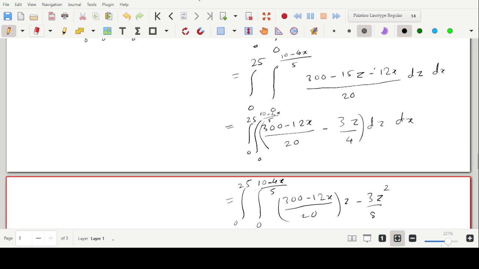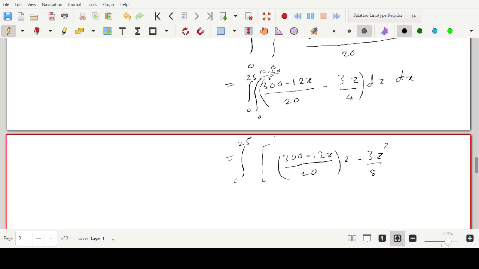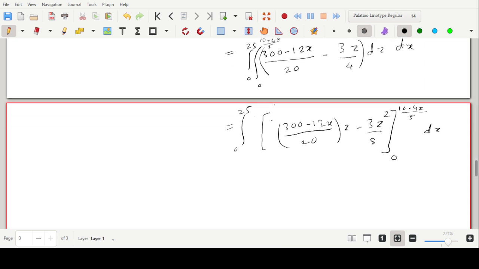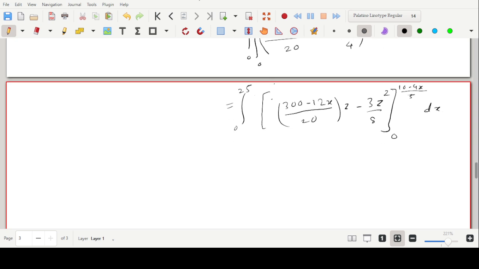This can now be evaluated from 0 to 10 minus 4x over 5, dx, from 0 to 25.